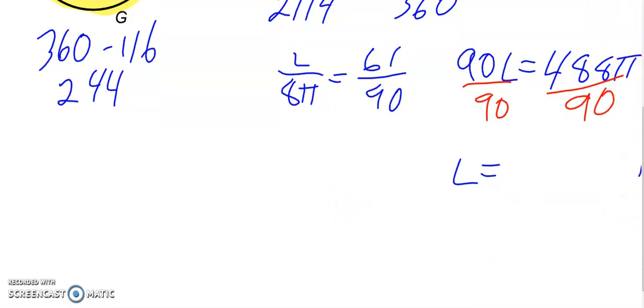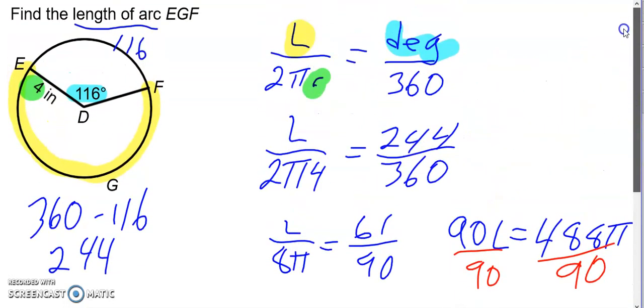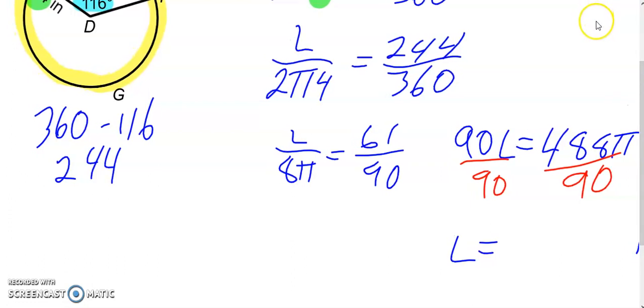But we want to look at what our instructions are. Oh, it doesn't tell us what to round it to. It should have. Let's round it to the nearest tenth, the nearest 1 decimal place. So my answer is going to be 17.0.